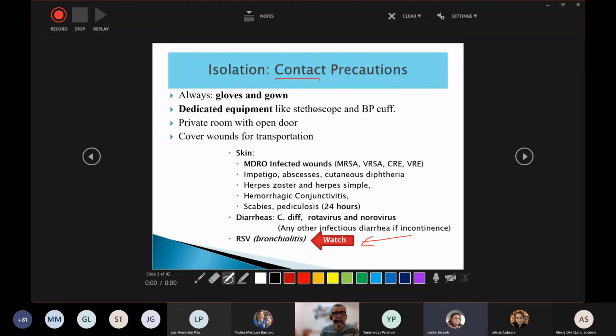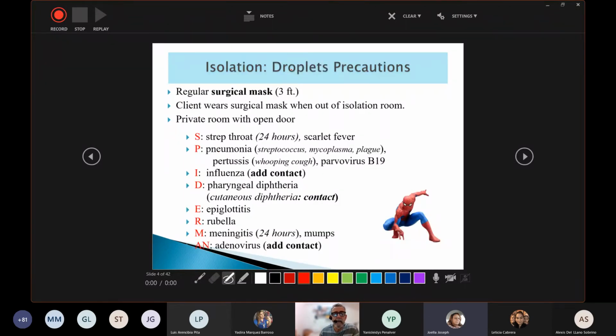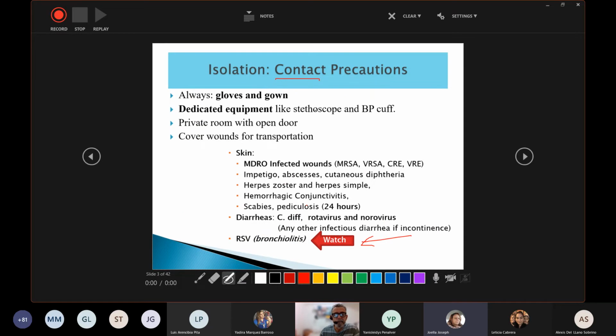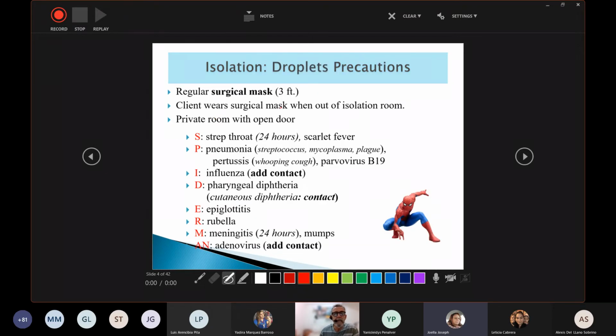So when I say bronchiolitis, I know that it requires isolation, so it cannot be cohorted. And when I say Haemophilus influenzae B, in this case epiglottitis, it requires isolation, so it cannot be cohorted.